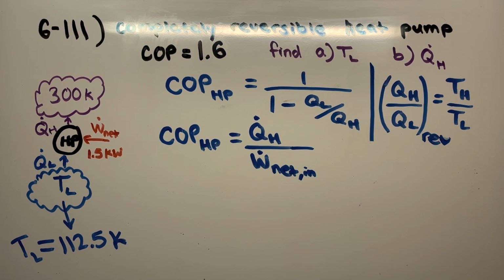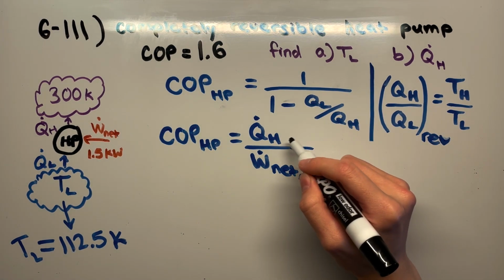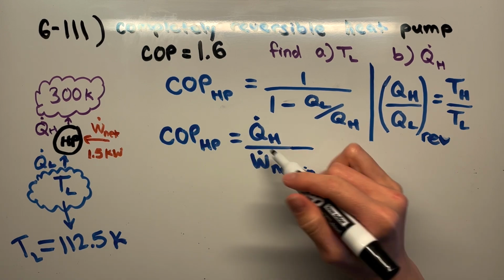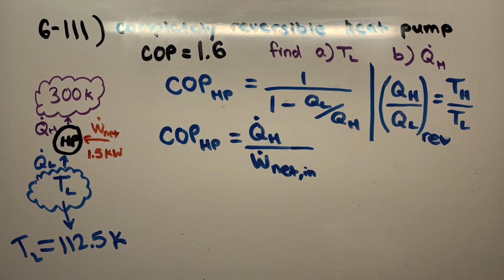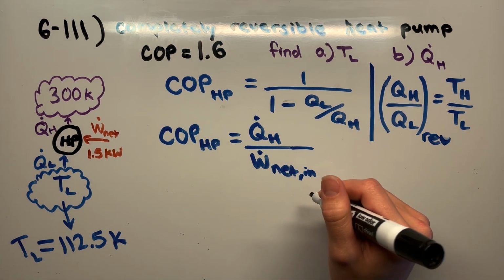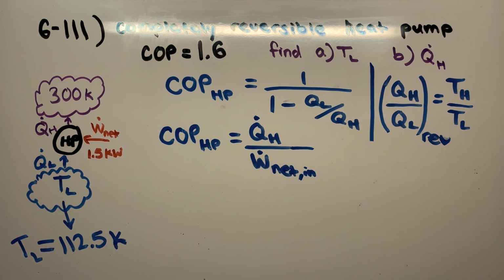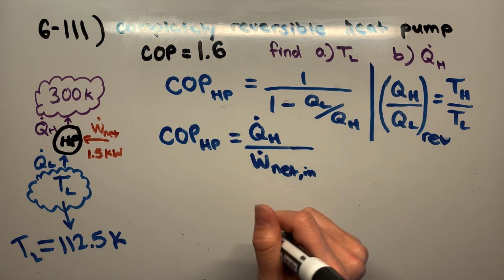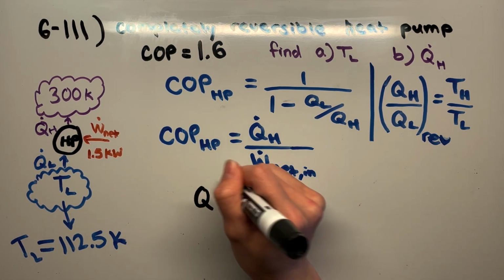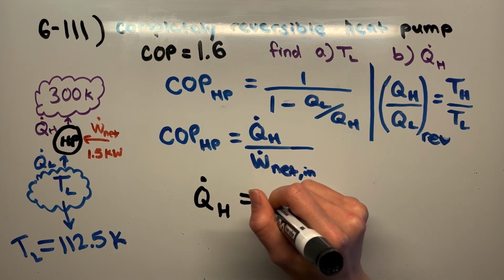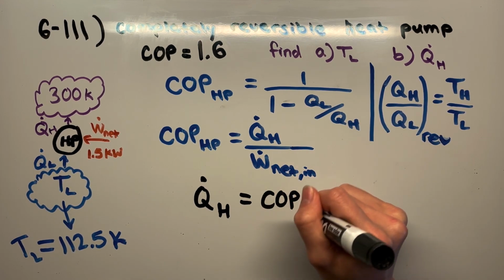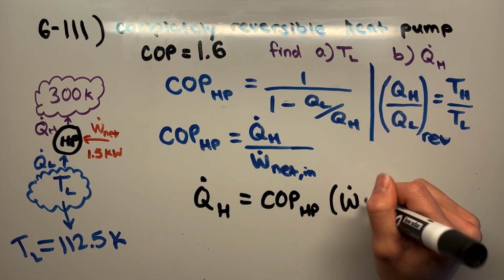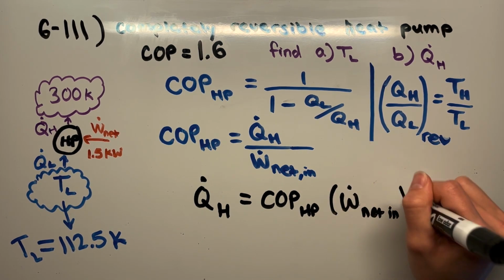Because we're just looking for Q dot H, and we know both the net work in and the coefficient of performance, we can find that Q dot H is equal to the COP times work net in.